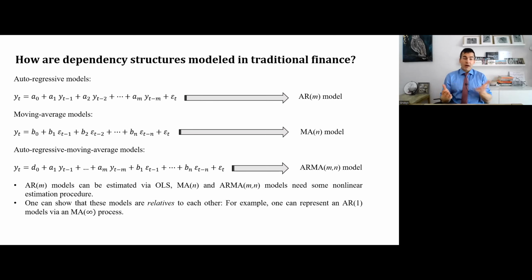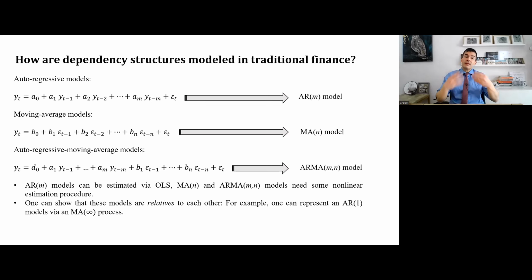That means we have parameters a0 to am to estimate, and we can do this via ordinary least square regression. We have also here an error term denoted as epsilon, and this epsilon term is usually assumed to be distributed as normal with mean 0 and standard deviation sigma.